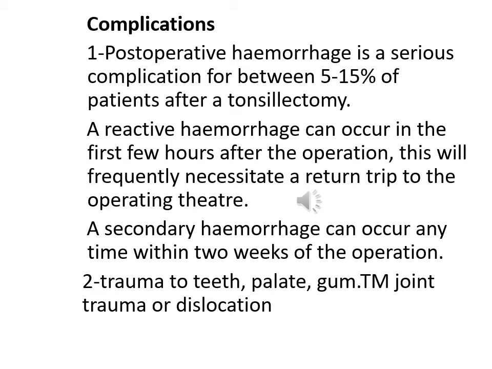The important one is when it happens within 24 hours, because in the theater the surgeon can always deal with it. But in the ward, you are responsible for checking the patient with bleeding post-operatively.